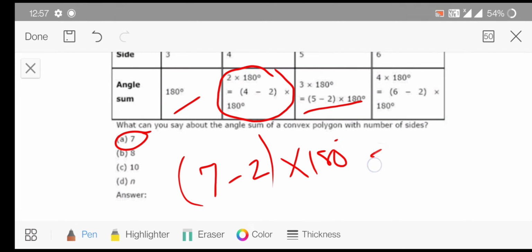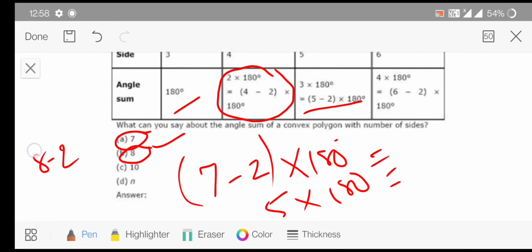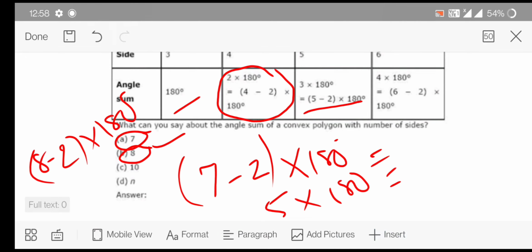Then you will get the angle sum for the convex polygon having 7 sides. So 7 minus 2, 5 into 180, you will get the answer. Similarly for 8 sides, what is the formula? That is 8 minus 2 into 180. Solve it and multiply it, you will get the answer.